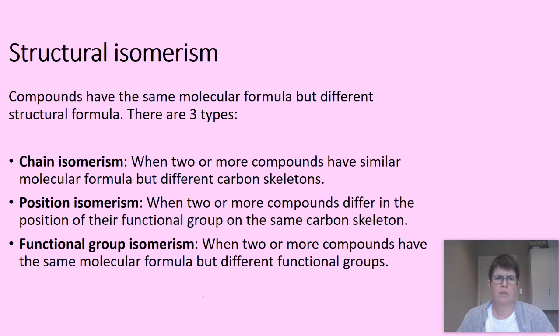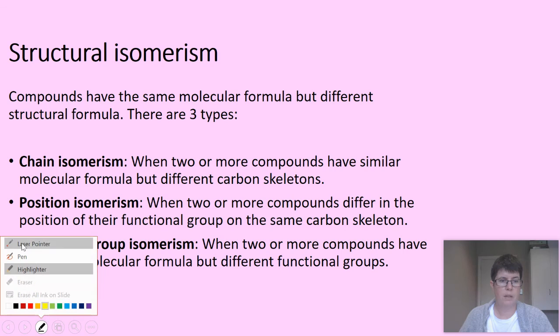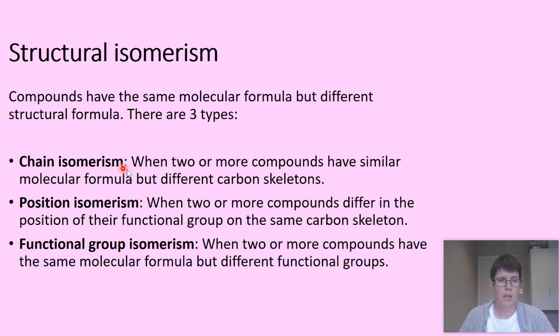So structural isomerism: compounds have the same molecular formula but different structural formula. There are three types. Chain isomerism is when two or more compounds have the same molecular formula but different carbon skeletons.